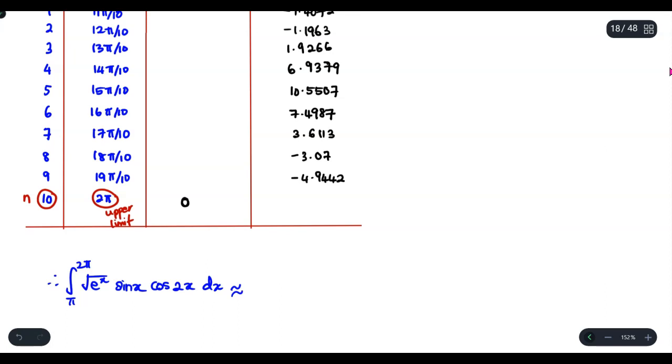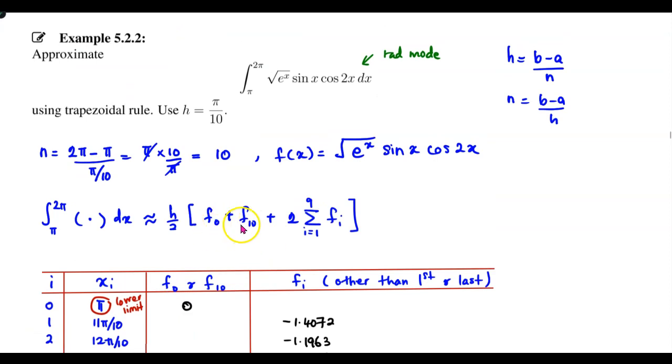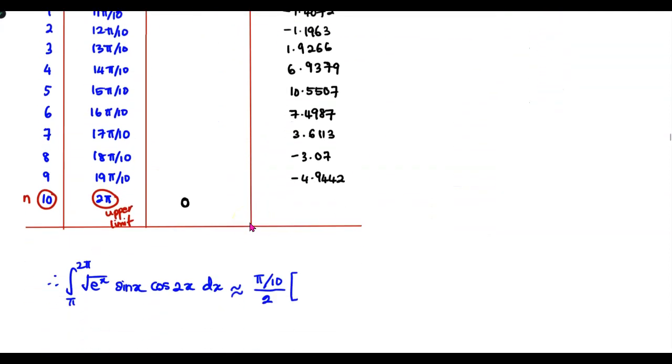In this case, our h is pi over 10. Be careful because here you have h in fraction form: at the top is your h, and at the bottom is 2. h over 2 times the first and the last, so here you have f naught plus f10.